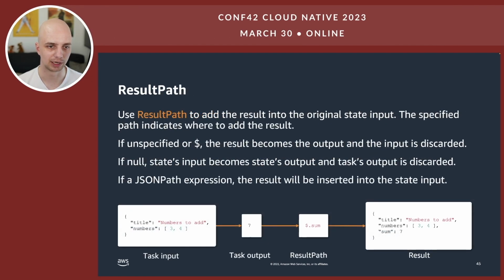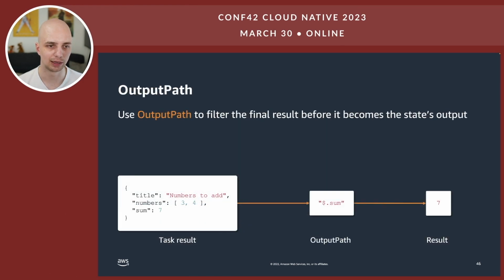Then we have the result path. As I mentioned, you can now add this result to your JSON node from the original input, or you can also override it. Then we have the output path, where you can filter the final result before it becomes a state output again.